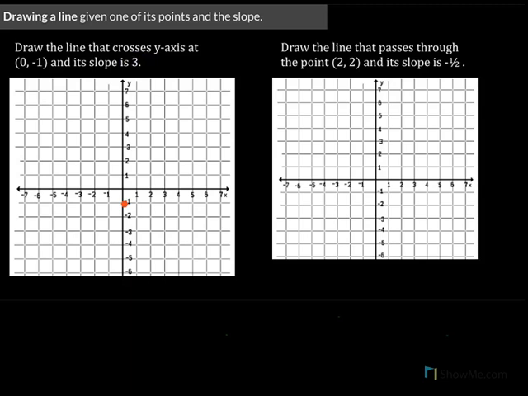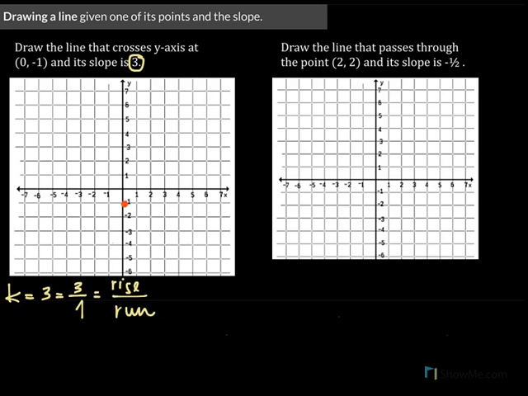and I will rewrite this 3 as 3 over 1, and I will interpret it using that idea of rise over run, because 3, the change in y, is sometimes called the rise, and 1 is the run.